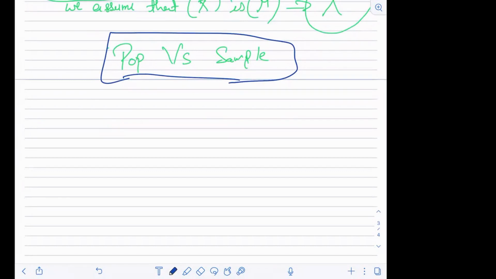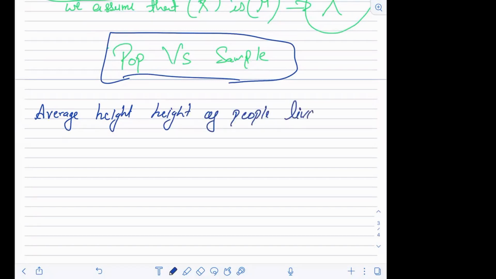The question, and you would tell me: let's say the average height of people living in Kyrgyzstan, because I'm living in Kyrgyzstan, so Kyrgyzstan is always on my mind.